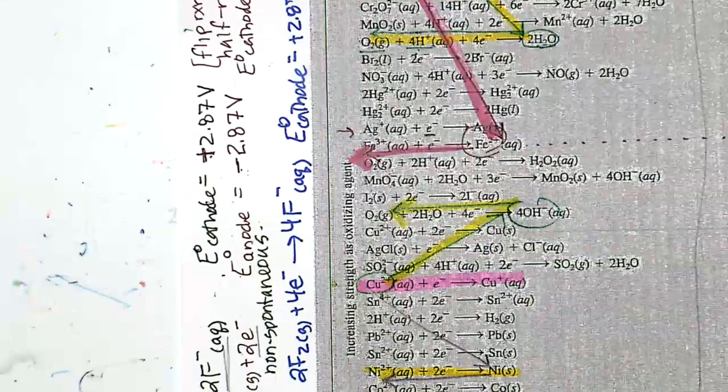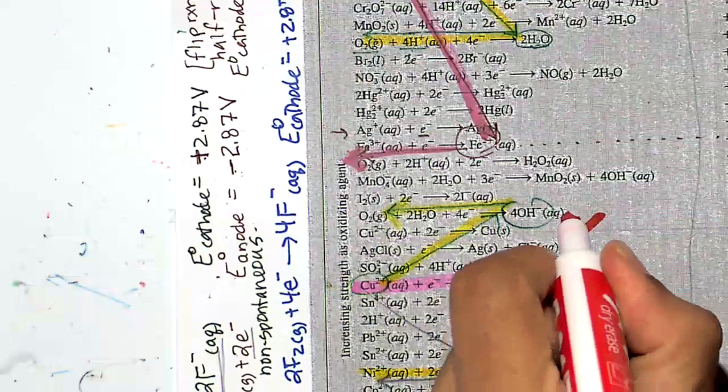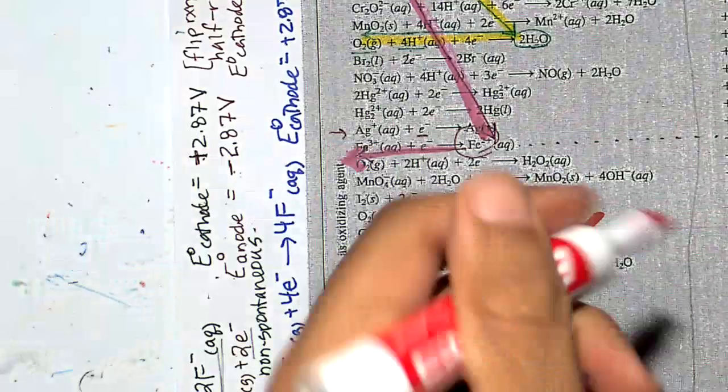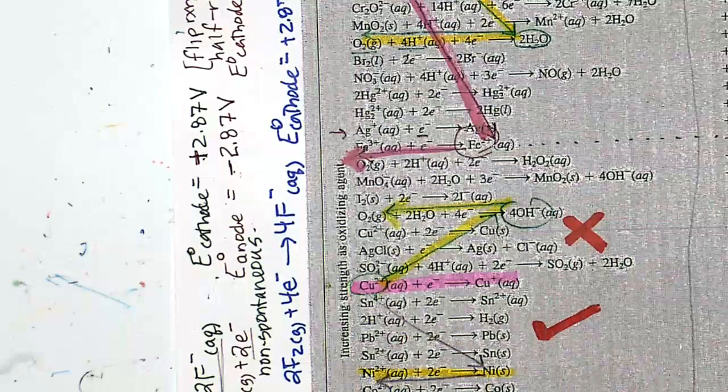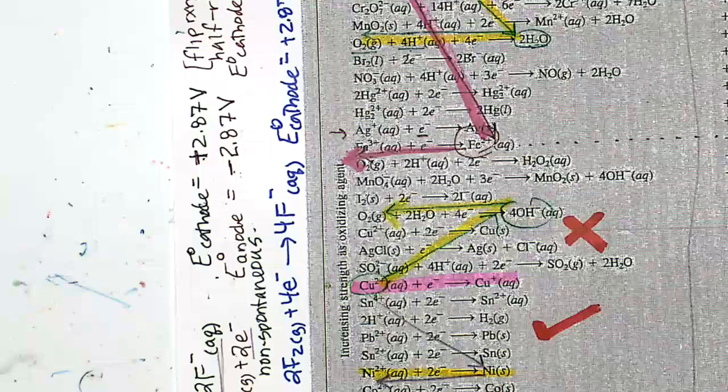Can it do it? Yes or no? No, it cannot. So going this way, it cannot. Going this way, it can. Are we understanding our interpretation of this activity series?